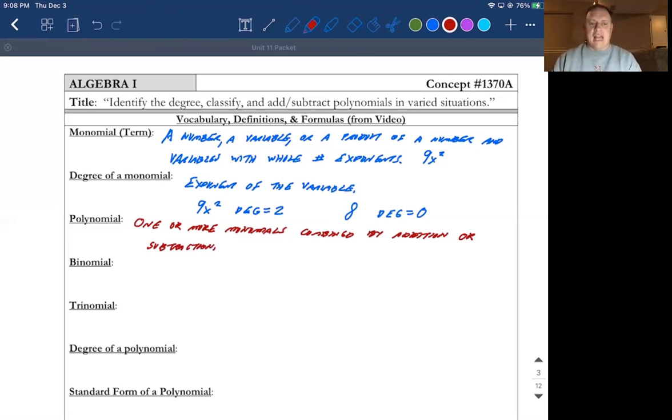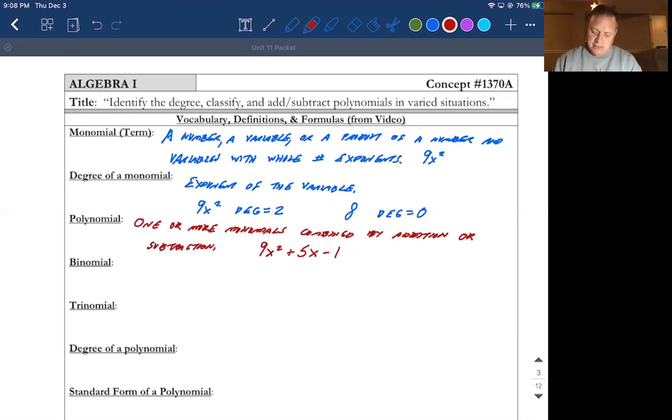So a polynomial is kind of like one big expression with sums and differences in it, such as this: 9x squared plus 5x minus 1. 9x squared is a monomial, so is 5x, so is -1.